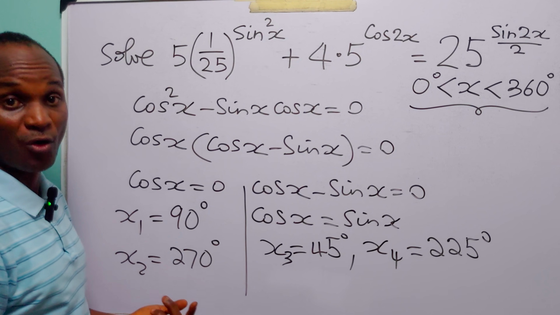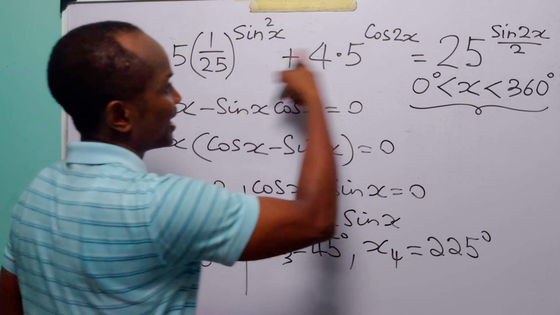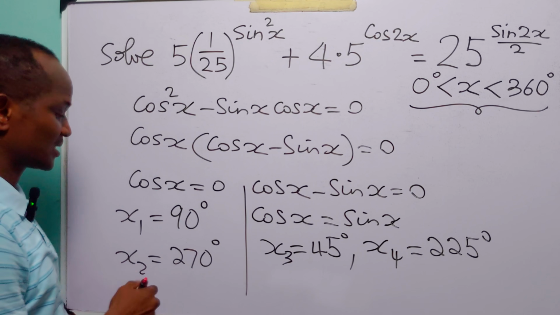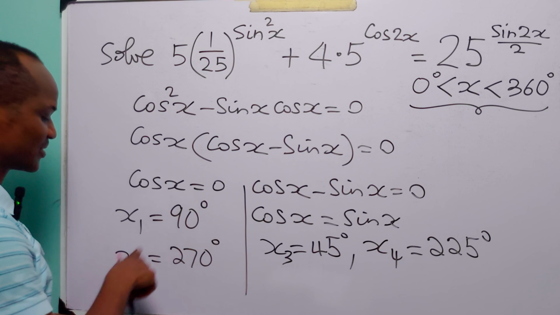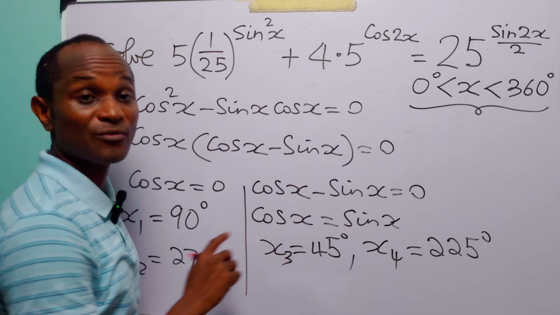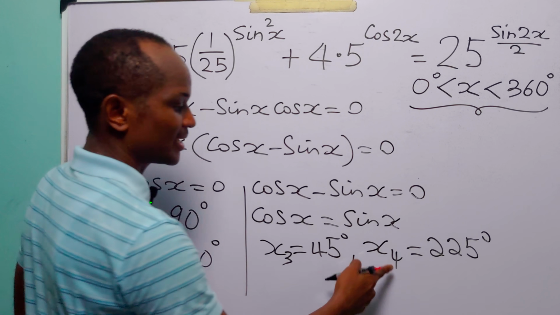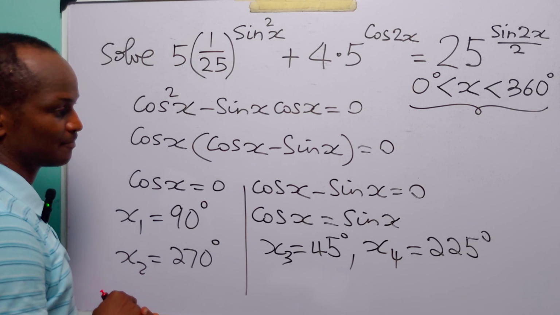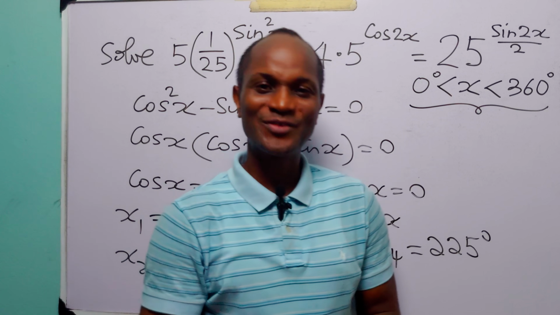All in all, we have 4 values of x that satisfy this exponential equation within this range of values. We have x equal to 90 degrees, x equal to 270 degrees, x equal to 45 degrees, and finally, x equal to 225 degrees.